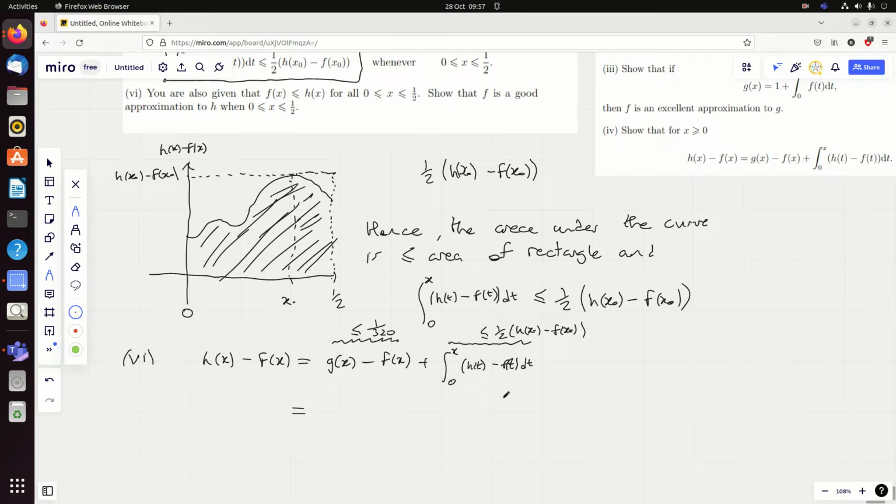So that's what was giving me the ideas in this question. I was like, okay, so I can make this equals an inequality because I know that this is strictly speaking less than or equal to 1 over 320, and this is strictly speaking less than or equal to a half times that.